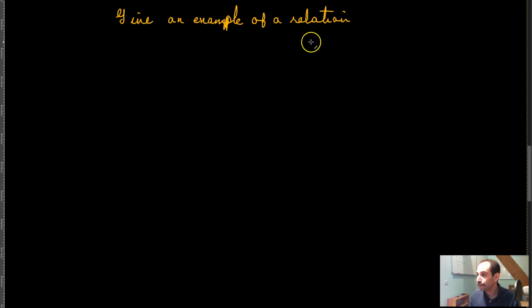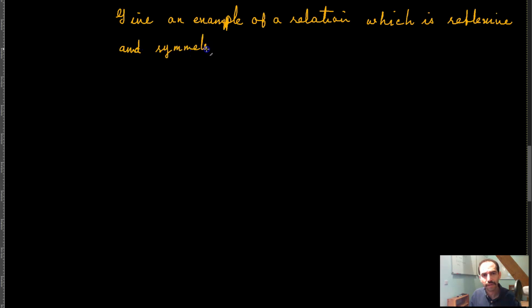Now the next part of this question is that you want to give an example of a relation which is reflexive and symmetric, but not transitive.